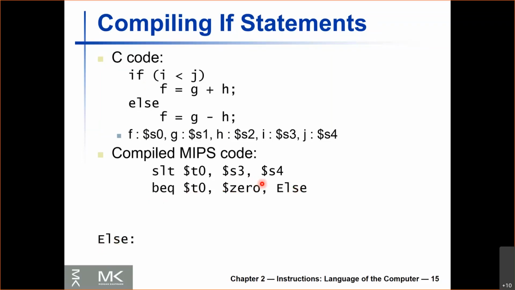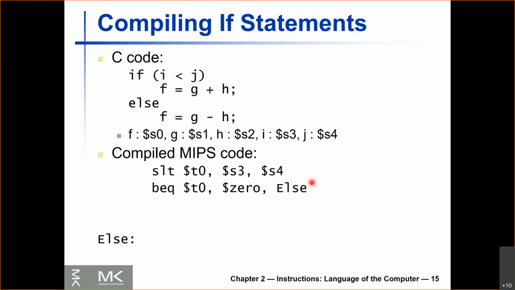We don't have a branch if equal immediate, right? So the branch on equal instruction, you cannot just give it any constant. And that's why we cannot do branch if not equal 1. Instead, we are going to do branch if equal to 0. So we're going to branch if T0 is equal to 0, and in this case, we will go to the else statement.